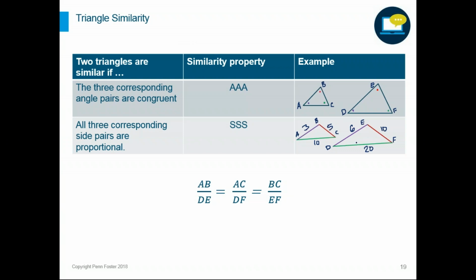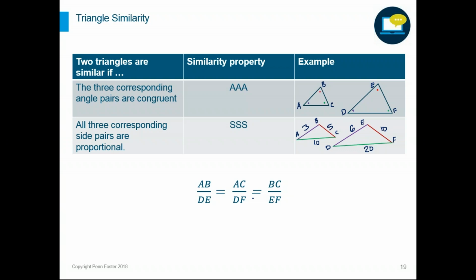Why again? Because there is a proportion. This triangle is double the size of this triangle. How did I know the proportion? 10 over 5 is 2. 20 over 10 is 2. 6 over 3 is 2. So there is a fixed proportion between the side lengths of corresponding sides for all three in each triangle.